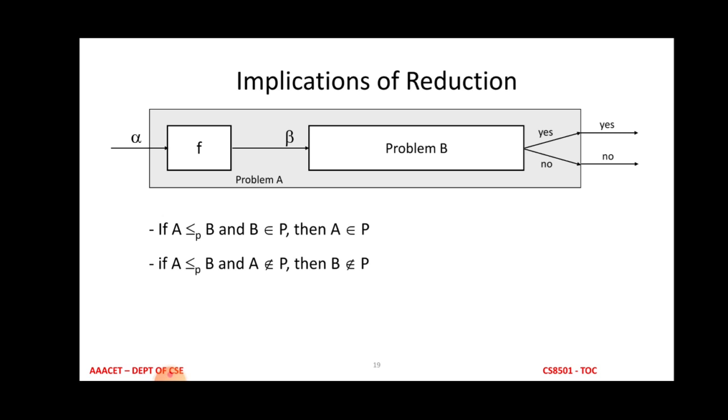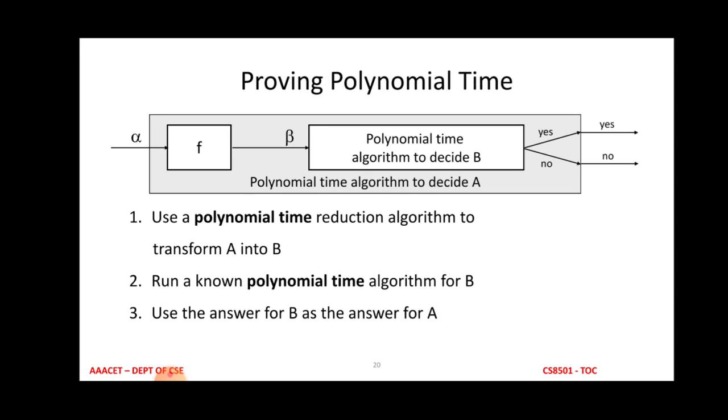If A does not belong to P, then B also does not belong to P. This is the main property of polynomial reduction.